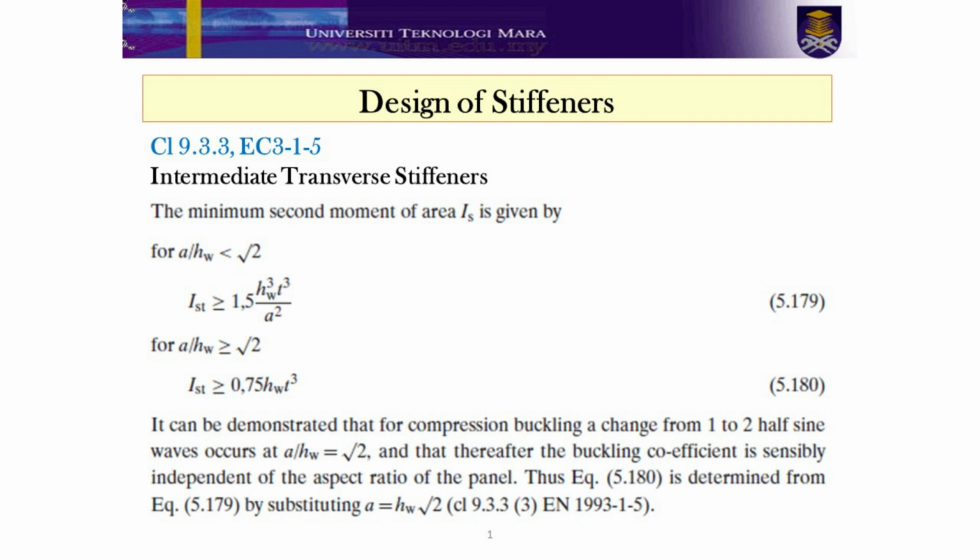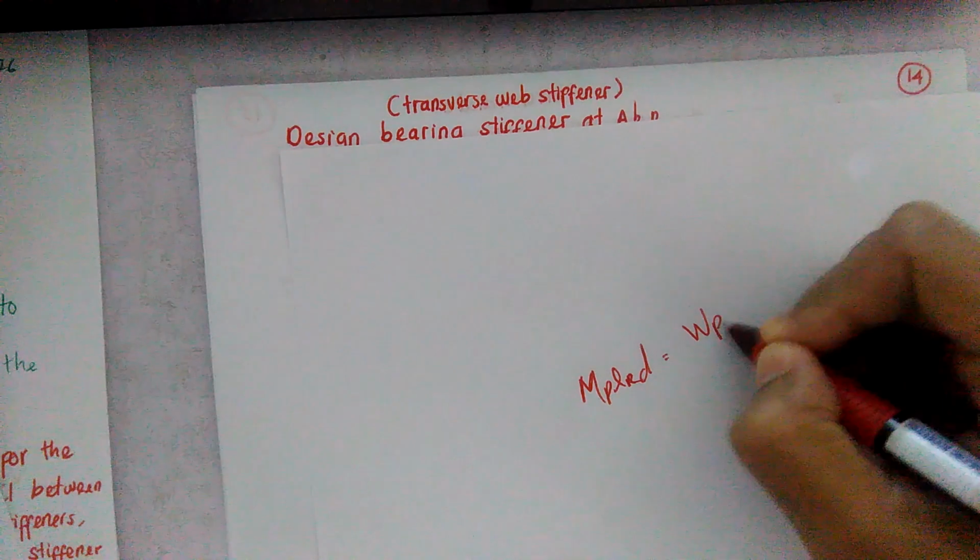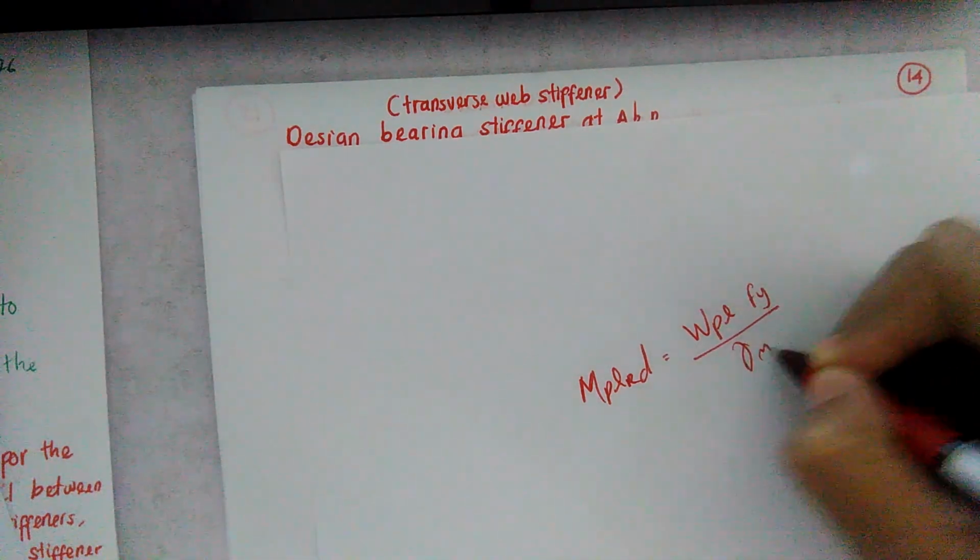To do this, you need to refer to our slides or the notes that we have simplified for you. You can see clause 9.33 of EC3 Part 1.5, whereby that clause provides the minimum second moment of area. Similar to the beam, when you want to propose a design, you use MPLRD equals WPL Fy over gamma m naught, isn't it?